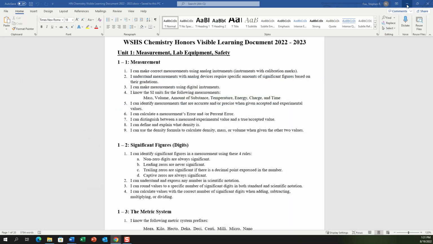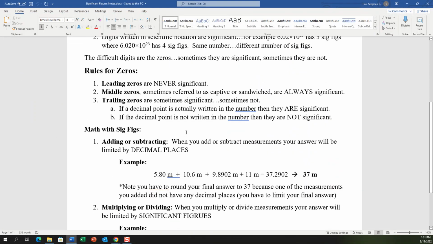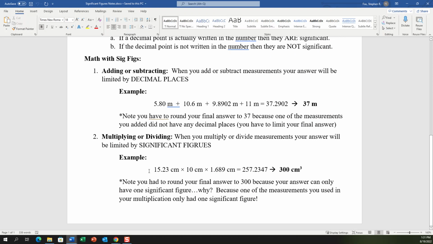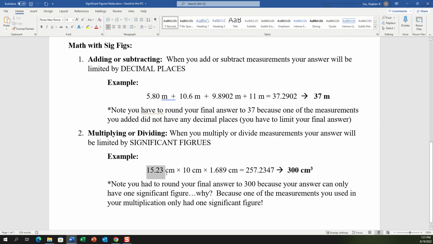Okay, and then when you're doing math with these measurements, when you're multiplying or dividing, like we found the density, right? You have to limit yourself to the least number of sig figs. So let's look at this example on your note handout, right? We're doing centimeters times centimeters times centimeters.